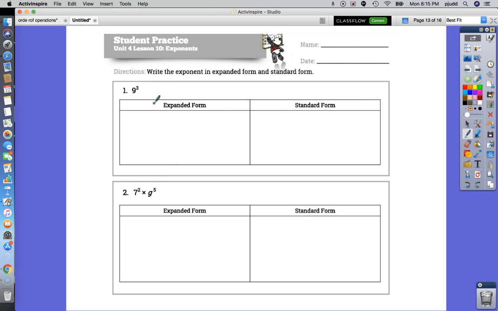Okay, so 9 to the third power. 9 is your base, and you're multiplying 9 by itself 3 times. 9 times 9 times 9. Well, 9 times 9 is 81. 81 times 9 is 729.